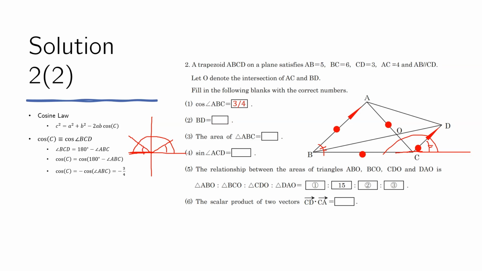Cosine is just the x component of this unit radius. So here the cosine is positive, and now it's here, so it is negative when we do 180 minus the angle. And we already know cosine of ABC to be 3/4, so just replace that. So cosine of C is therefore negative 3/4.